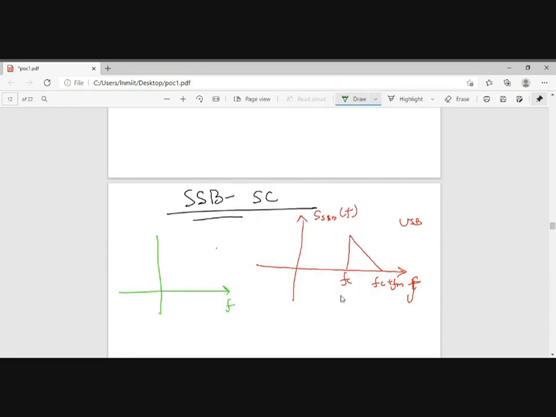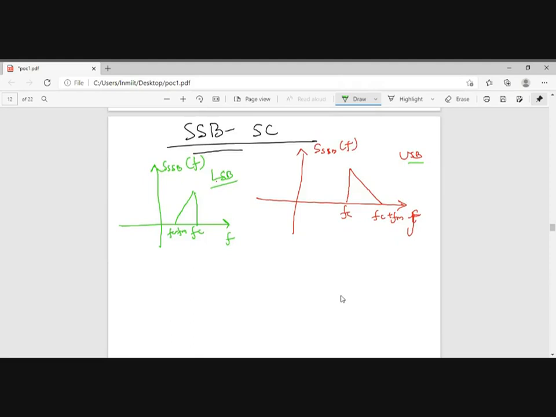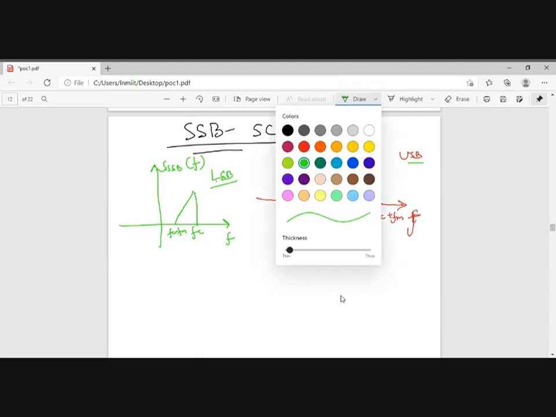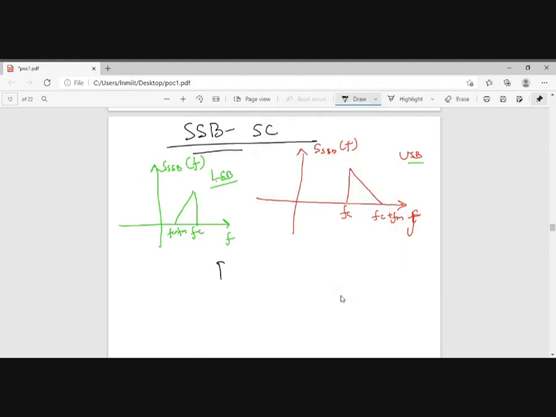This is SSB of F, FC minus FM. So what is the bandwidth? Both are SSB. This is LSB. Okay, both are part of SSB, right? So according to you, what will be the bandwidth of these two signals?